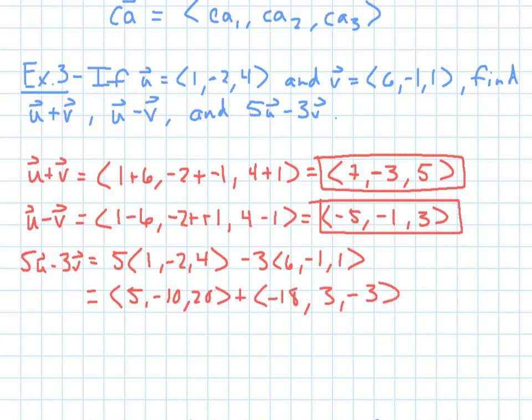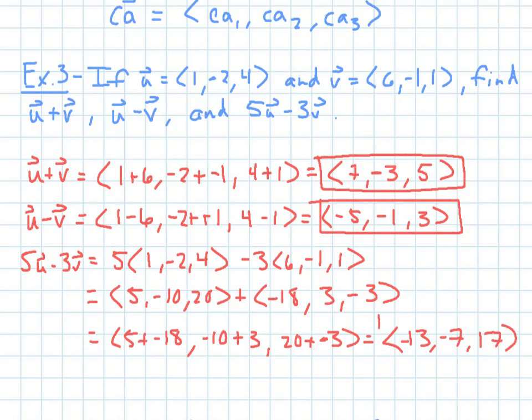Okay, and then let's add: 5 plus -18, -10 plus 3, and 20 plus -3. That gives me -13, -7, and 17. And so that would be my new vector for that one.